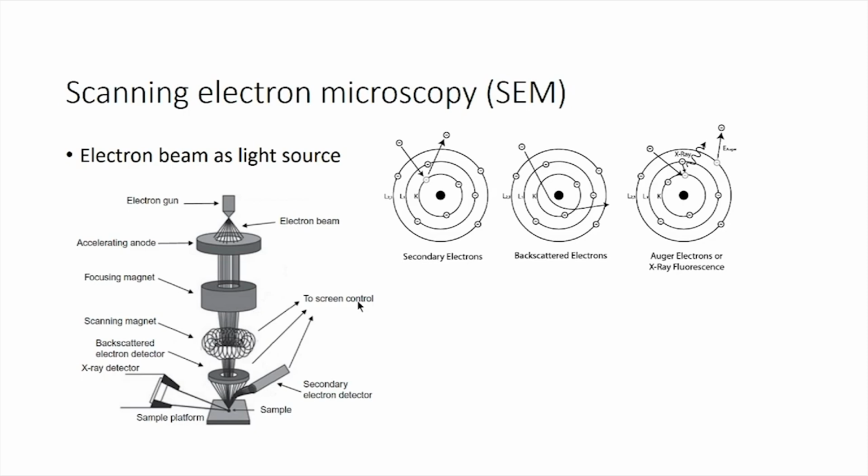Then Auger electron spectroscopy, which is another totally different type of spectroscopy, where the detection is based on Auger electrons. Auger electrons are the electrons where, when an electron is excited from the core level, it is replaced from the outer electrons. That will produce energy, which will be observed under the detector. So, that will show the atomic composition.